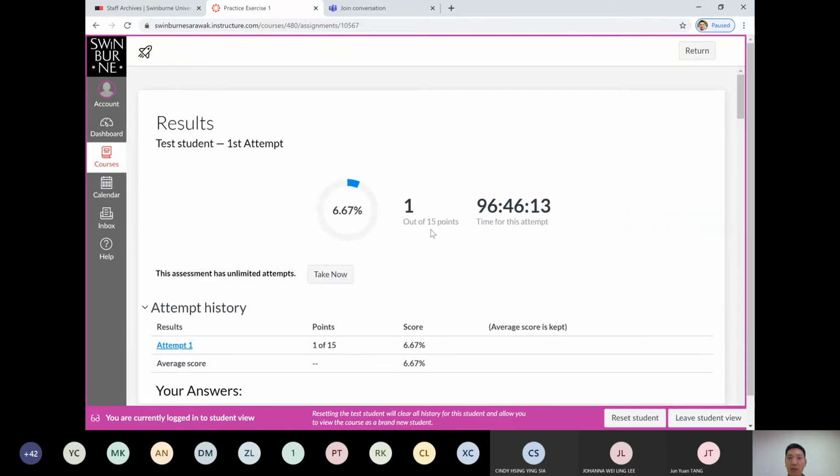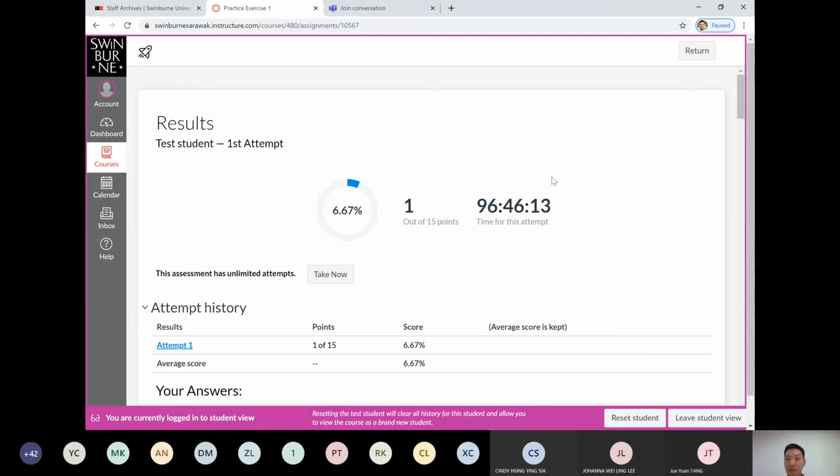The result is 1 out of 15. Then the system will help you convert the score into a percentage. So it's 1 divided by 15, then multiplied by 10%, so it's 6.67 out of 10%.